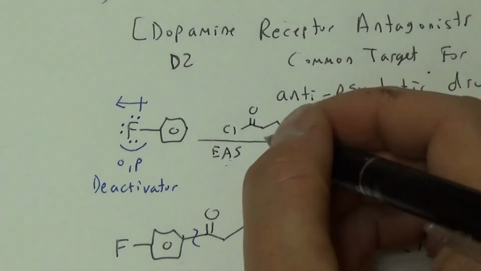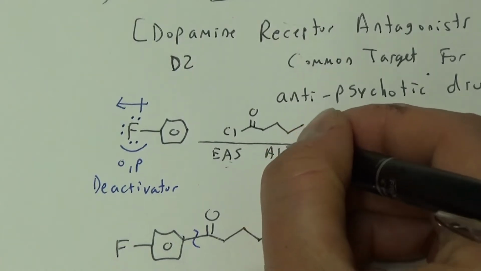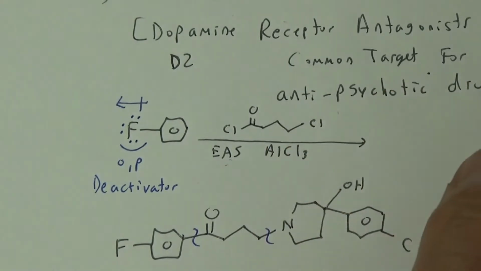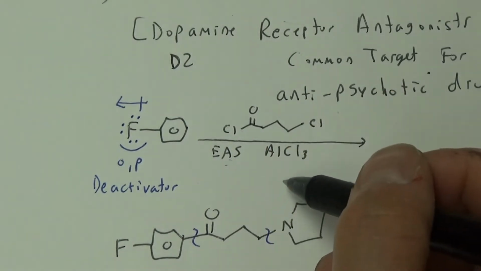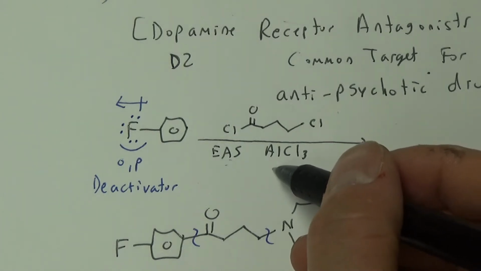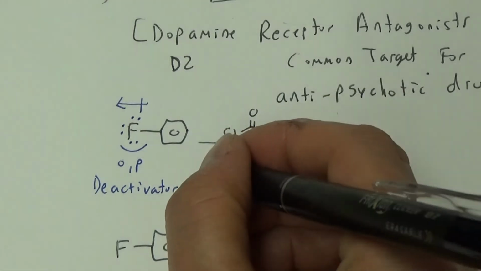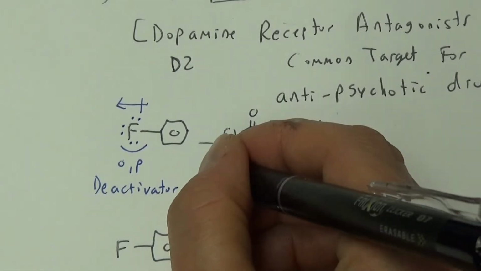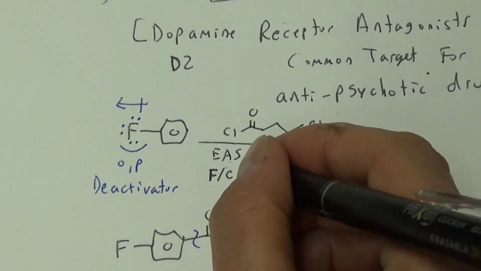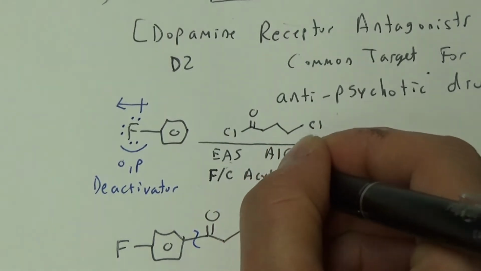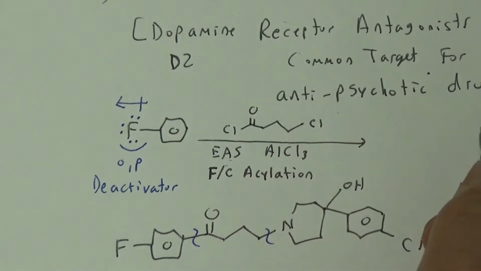You also need some aluminum trichloride in there. It's an EAS reaction, like all the aromatic reactions we've seen. But we also added the other name, which is Friedel-Crafts acylation. That's the name of this reaction.